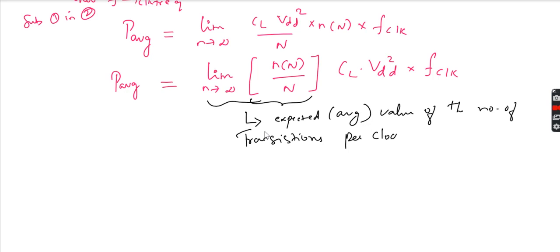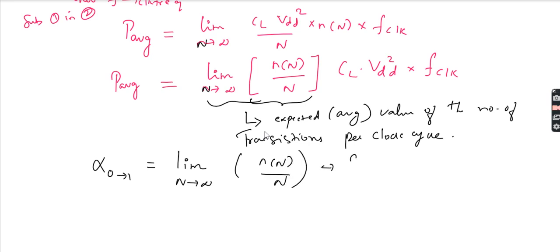It is the switching activity actually. So I will say alpha naught, that is the switching activity, is equal to the limit N tends to infinity of n of N divided by N, which is the switching activity factor.